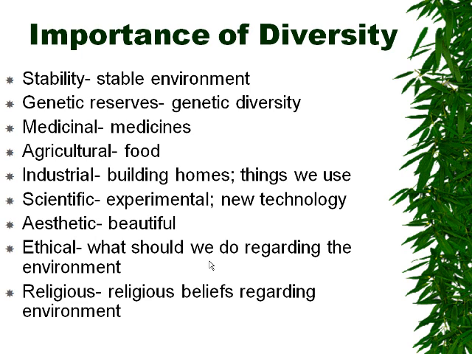Diversity is really important for a lot of reasons. It provides a stable environment, keeps species healthy, and keeps competition going, so it keeps the food web very healthy and very good. It keeps the genetic diversity up, which we know we need in order to have a healthy population.